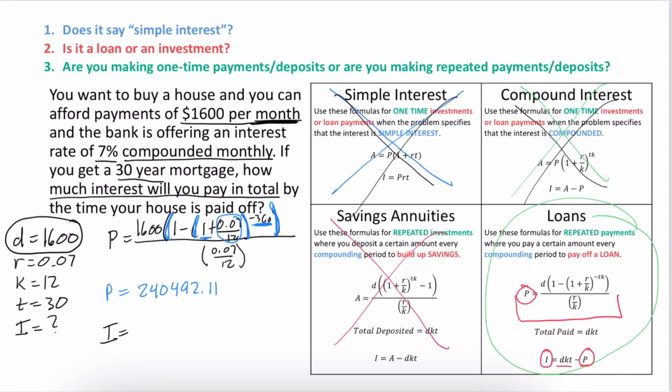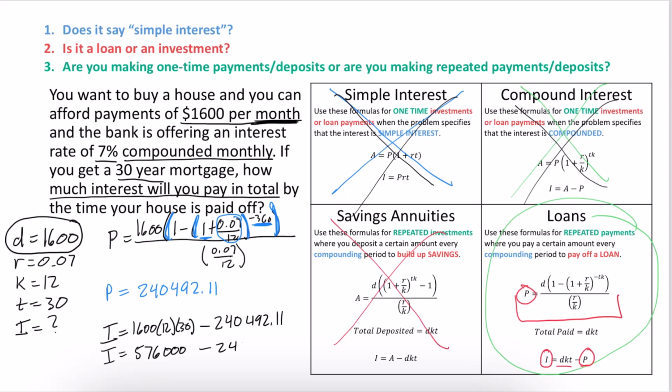And then to find the interest, which is ultimately what we're looking for, you would take the total amount that you've paid, which is going to be your monthly deposit, times 12 months, times 30 years. That is 1,600 times 12 times 30, which is going to be 576,000. So that's the amount that you used to pay off the house, but the amount that you originally borrowed to buy the house was $240,492.11.